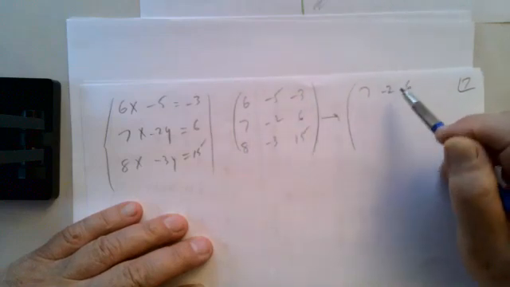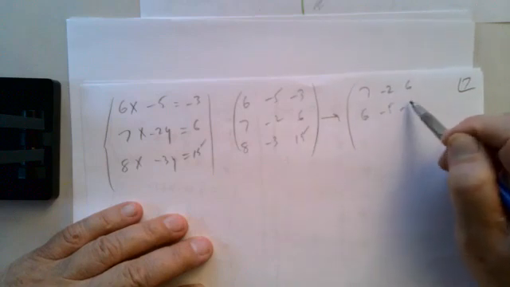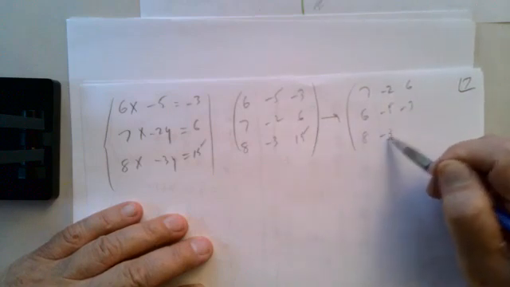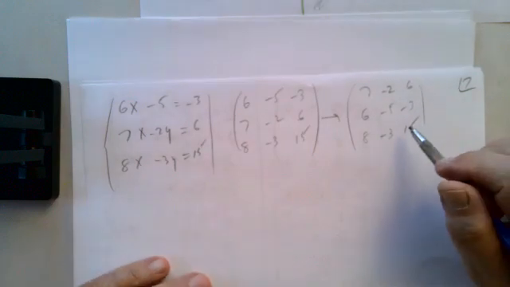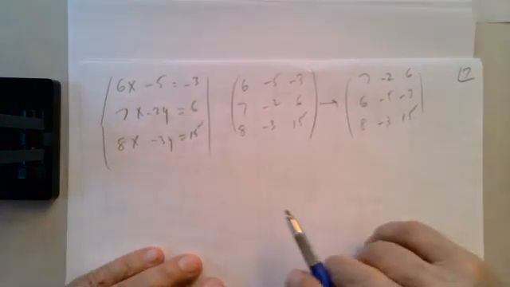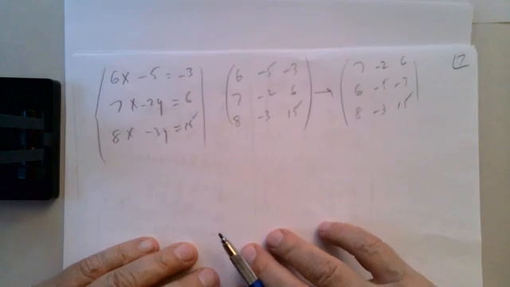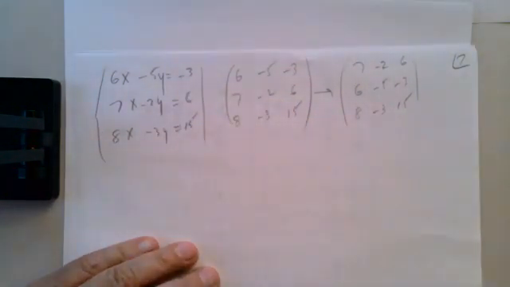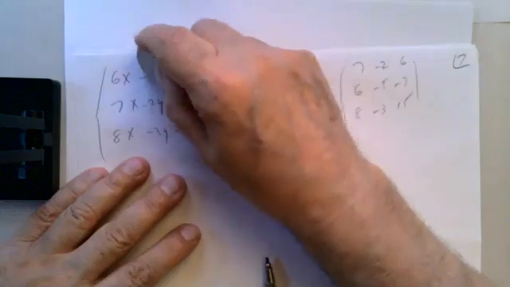7 minus 2, 6. 6 minus 5 minus 3. 8 minus 3, 15. Wait, I have a question. Does it matter that there's no y by the minus 5? Oh yeah, I forgot to write it. Sorry, that y, I don't know where that y came from.